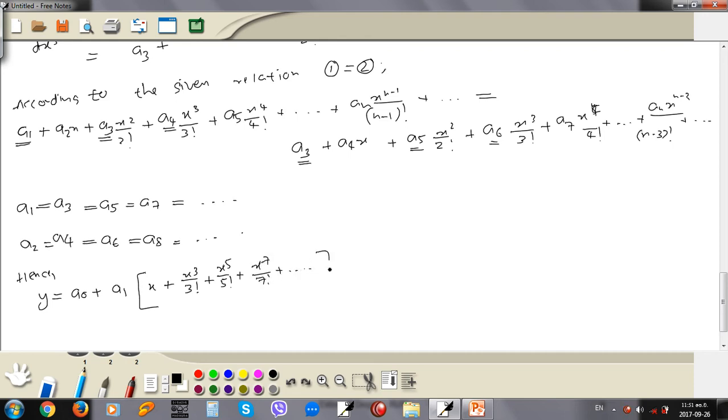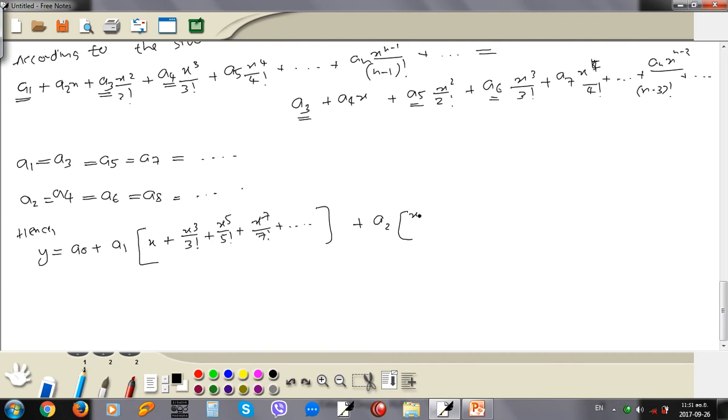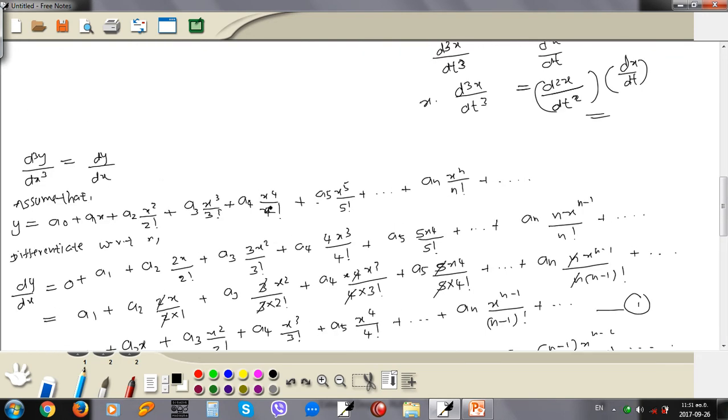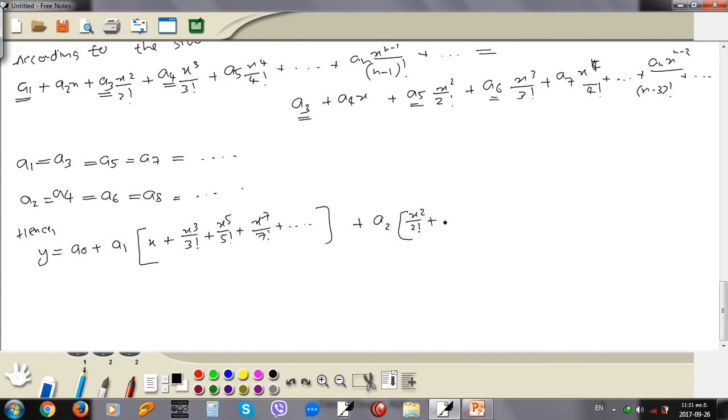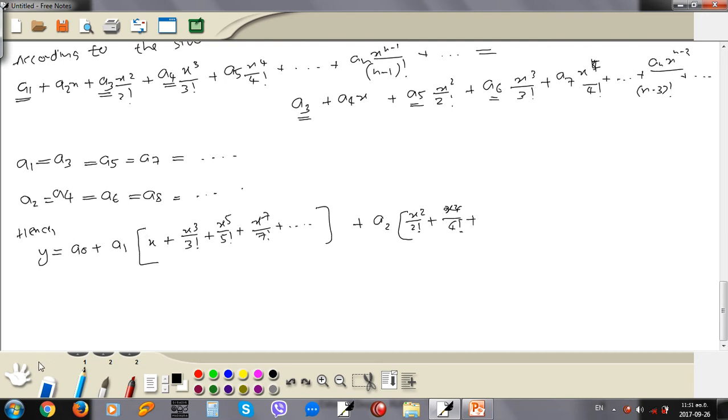Plus a2 times x squared over factorial 2, plus a4 times x4 over factorial 4, then plus x6 over factorial 6, likewise up to infinity you can take.